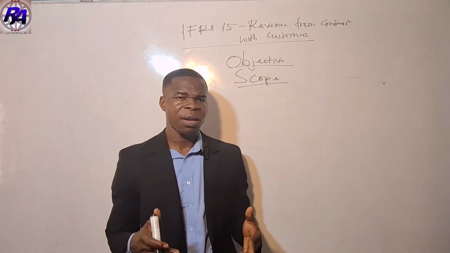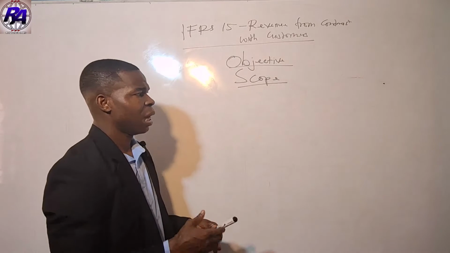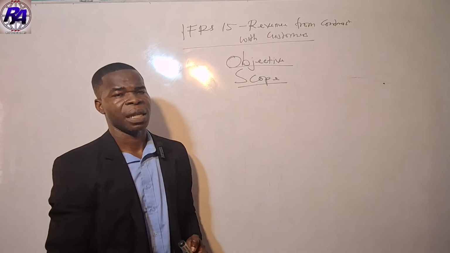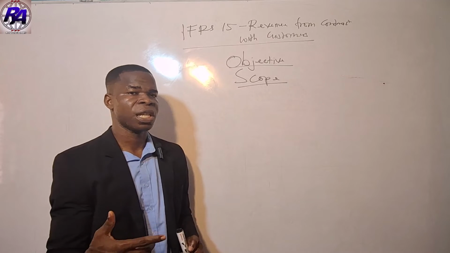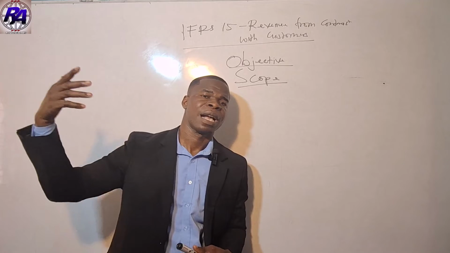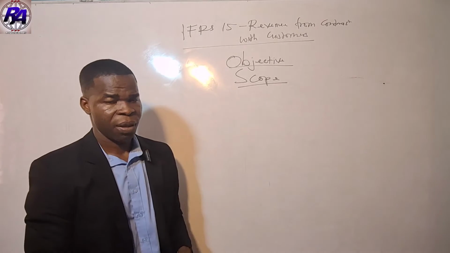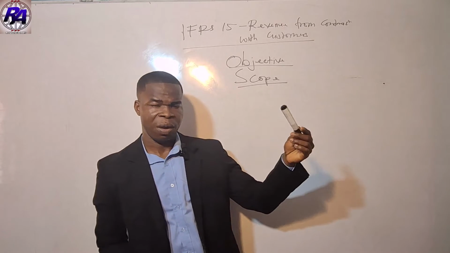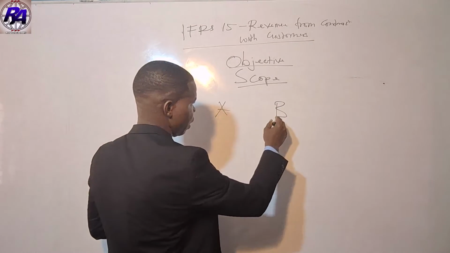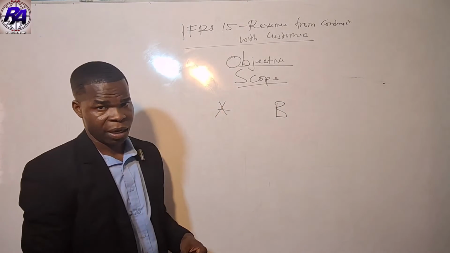Now, there are sometimes where parties in the same business line exchange their products to satisfy their customers. So, for instance, let's assume I'm entity A and then there is entity B. They both sell the same product.